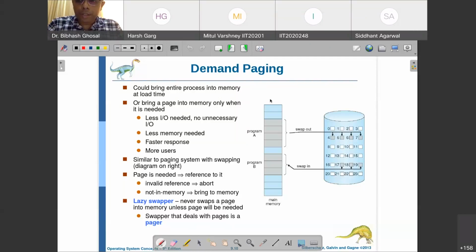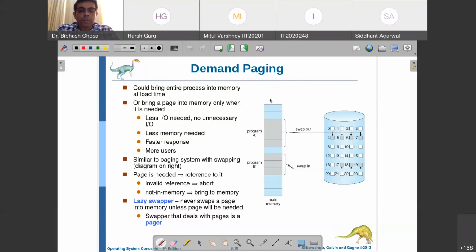Okay, so in the discussion so far, we saw how by using different kinds of schemes, we are able to manage the memory. Now, there is one more problem that needs to be resolved, or we can think about a better solution to it.